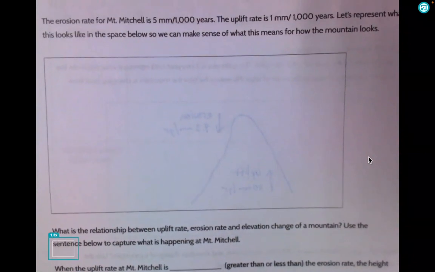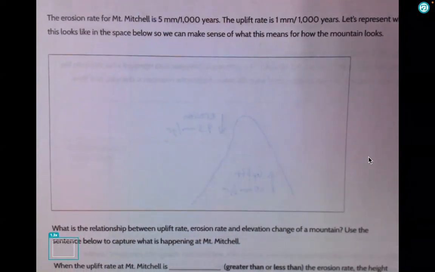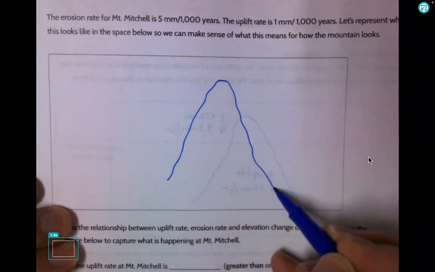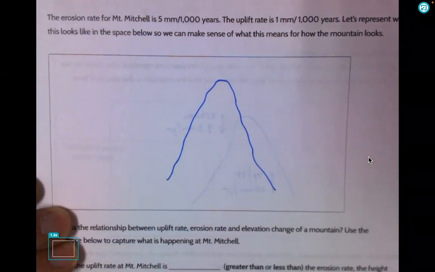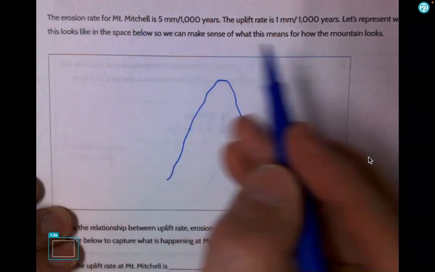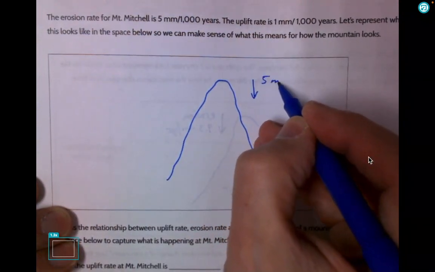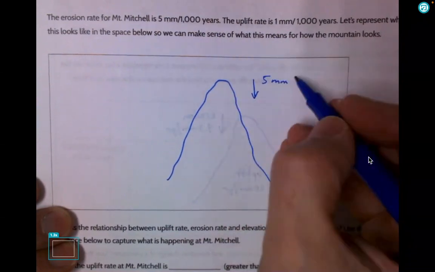This one is for Mount Mitchell. So Mount Mitchell, the diagram looks the same, we just have different information. We're going to do pretty much the same thing. So we have a mountain, and the erosion rate is 5 millimeters going down, 5 millimeters per 1,000 years.